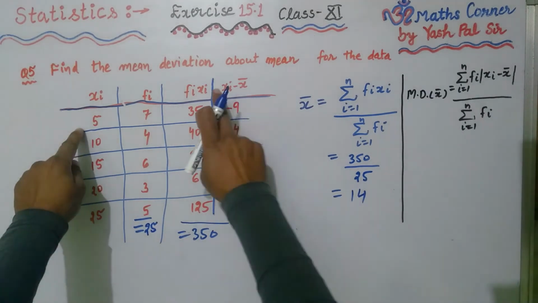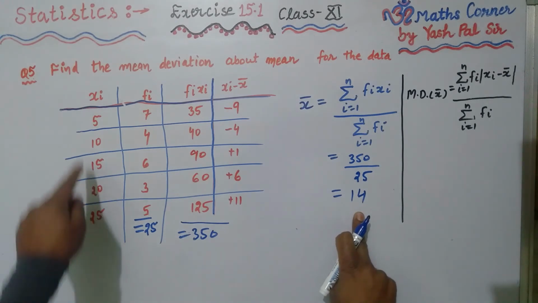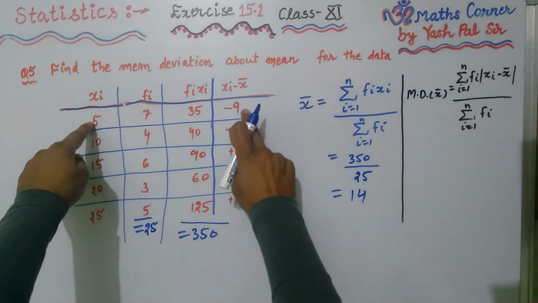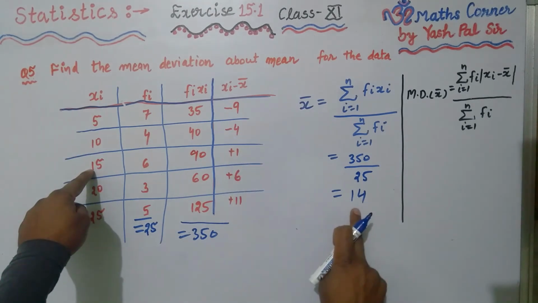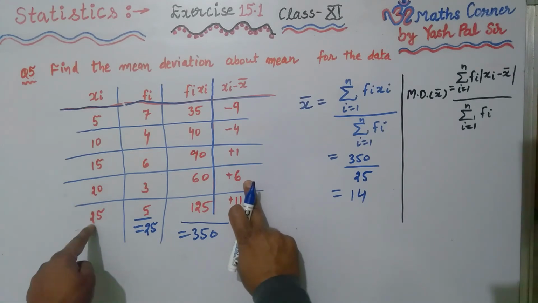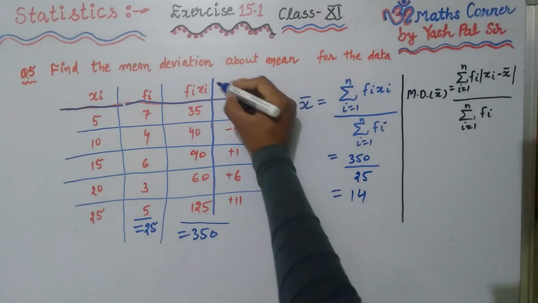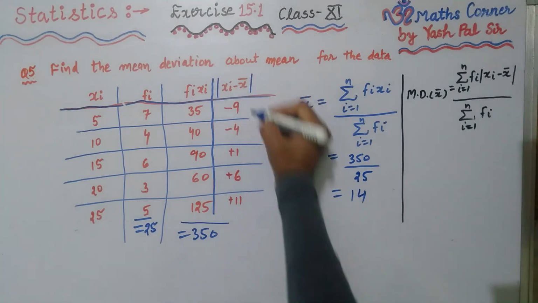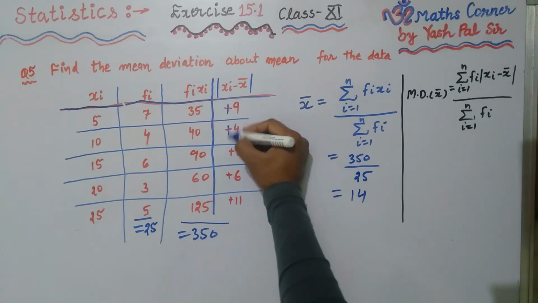The mean x bar is 14. Xi is the first column. 5 minus 14 equals minus 9. 10 minus 14 is minus 4. 15 minus 14 equals 1. 20 minus 14 equals 6. 25 minus 14 equals plus 11. Now we also take the modulus sign, so because of this modulus, negative terms also become positive.